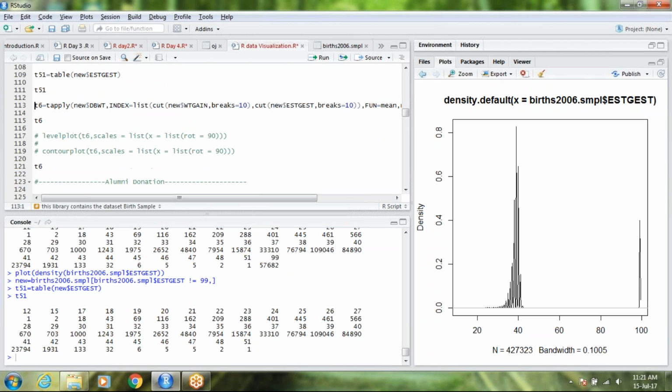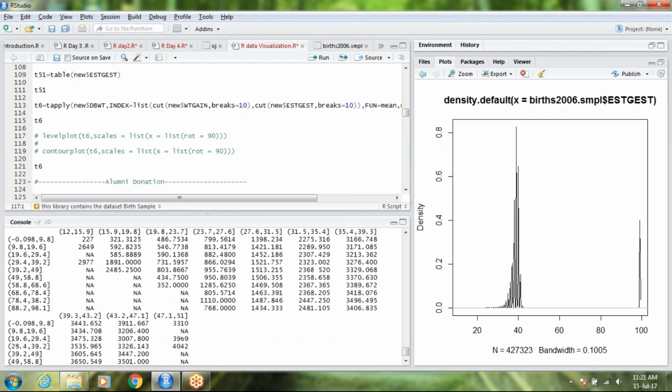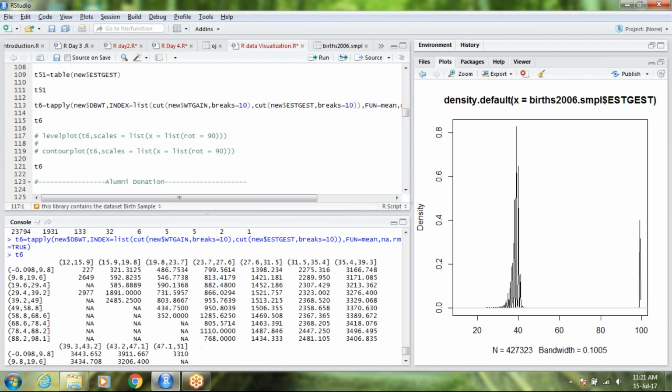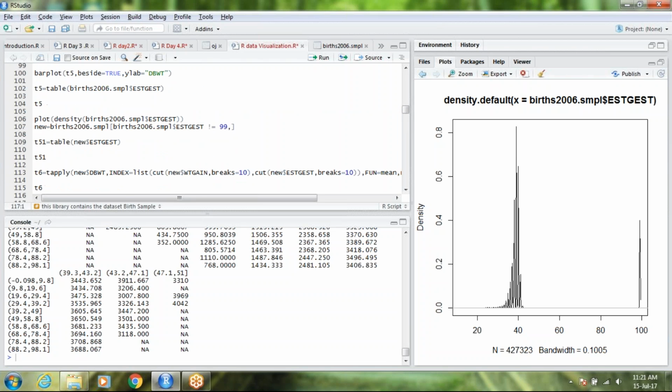Now let us make a summary of it and see what happens. So it's associated at different levels. So this was all about this data set.